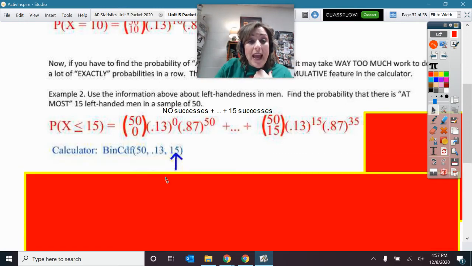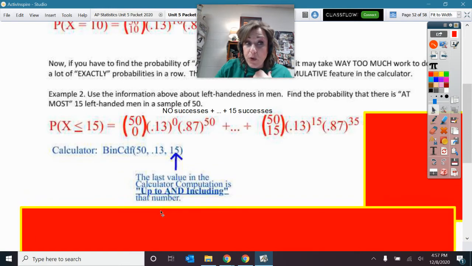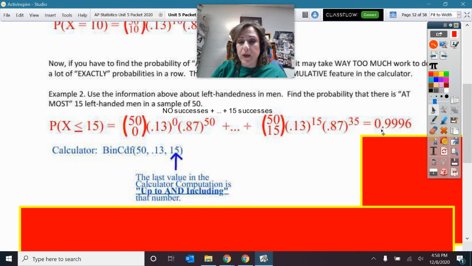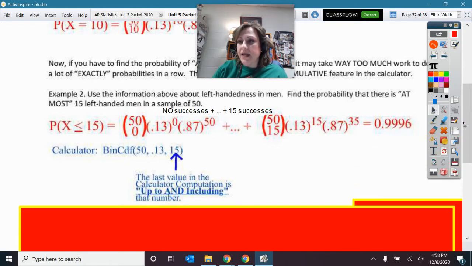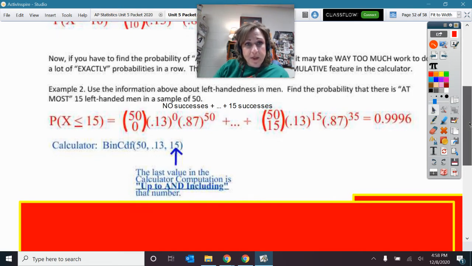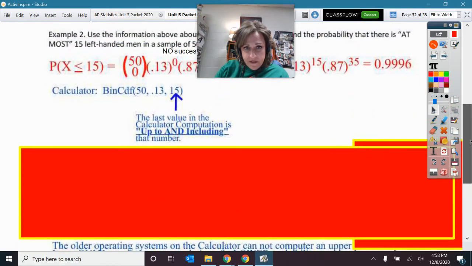If you want up to and including, it's very important that you pay attention to this piece right here. Do you want to include 15 or should you just go 14 and below? This number is up to and including that number right there. Okay, so if I type that in, then that will give me 0.9996. I didn't want to round that to 1, so I went ahead and had so many decimal places so as to not round that to 1. Okay, so that is your up to and including 15.